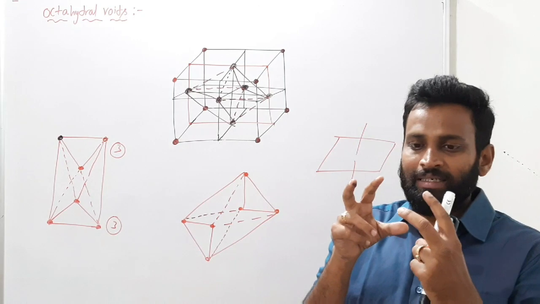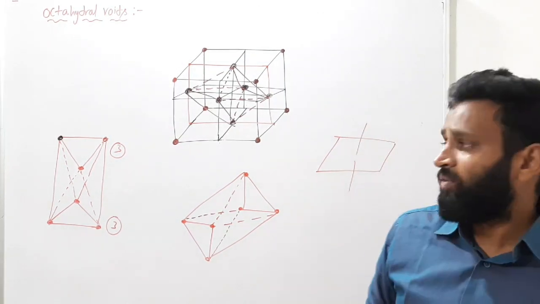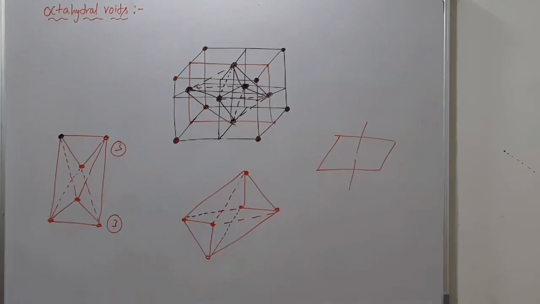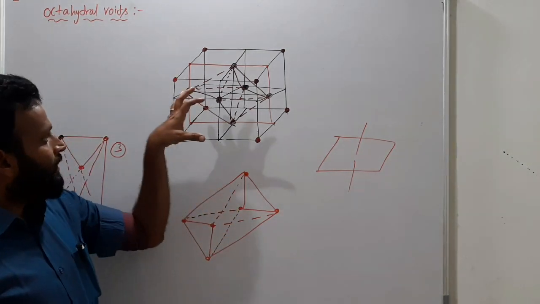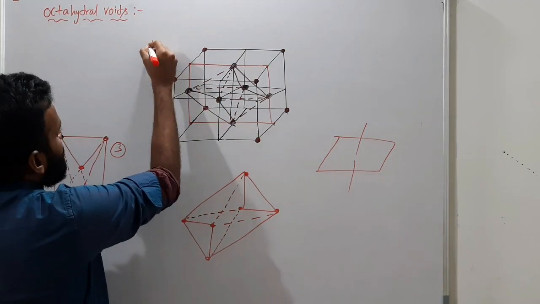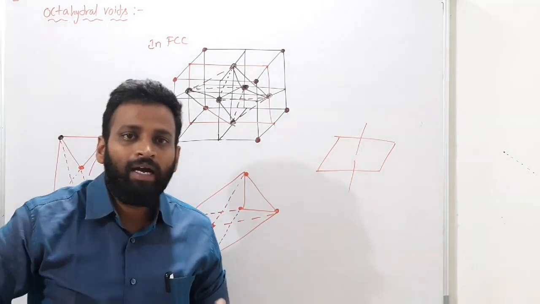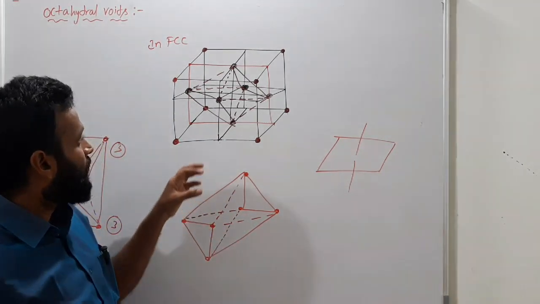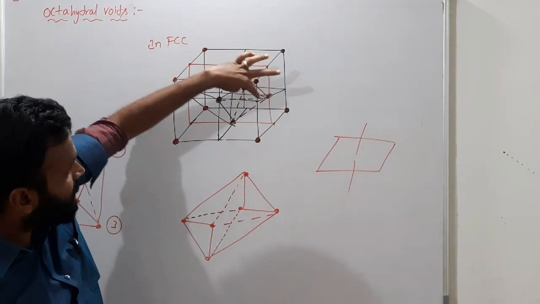Here you have to consider 3 and 3, 6. Between 6 you will have this octahedral void. So from this we can understand in FCC, the octahedral void is forming between 6 atoms, by using every face center atom.